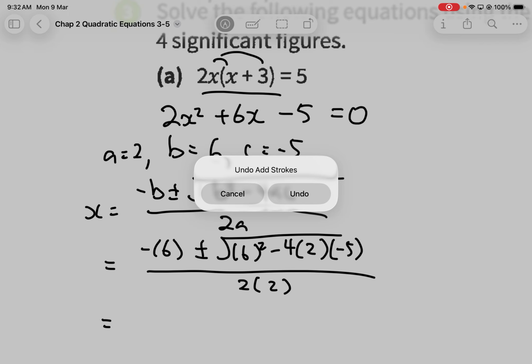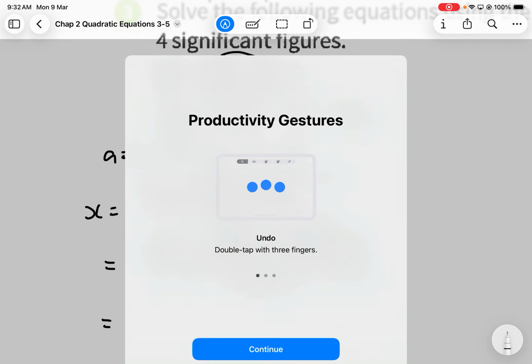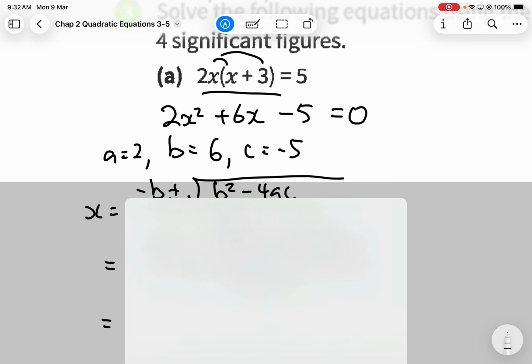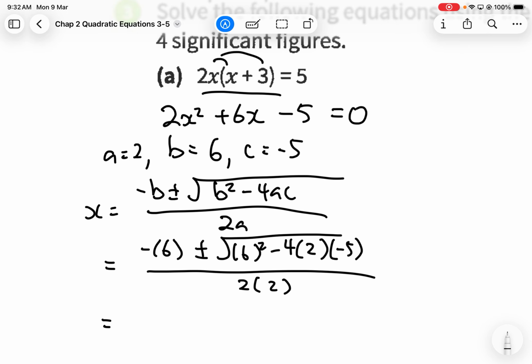Stop being so rude. Why Chloe not here? She's somewhere. I think it's family matters, I think. Never come to school? Oh. What is this?